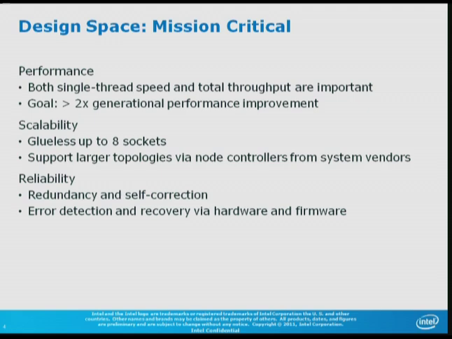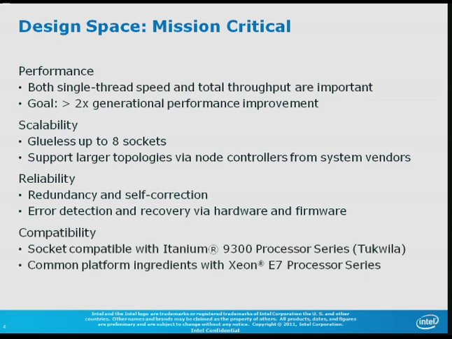Reliability is incredibly important to compete in the mission-critical space. The hardware has to be able to provide large levels of redundancy and error correction. And it has to do this in an integrated fashion with software, firmware, and the OS all combining together to provide that reliability to the end user. Finally, Poulson has to be compatible with the Itanium 9300 processor series.